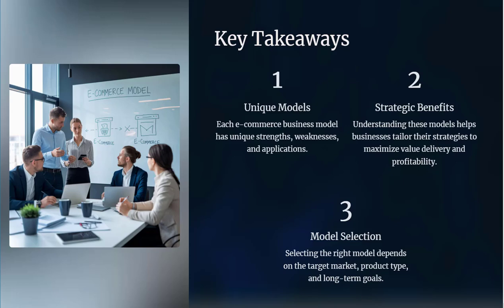Understanding these key points will help organizations choose the most suitable e-commerce approach for their specific needs and objectives. So, three key takeaways: number 1, unique models. Each e-commerce business model has unique strengths, weaknesses, and applications. Number 2, strategic benefits. Understanding these models helps businesses tailor their strategy to maximize value delivery and profitability. And number 3, model selection. Selecting the right model depends on the target market, product type, and long-term goal.